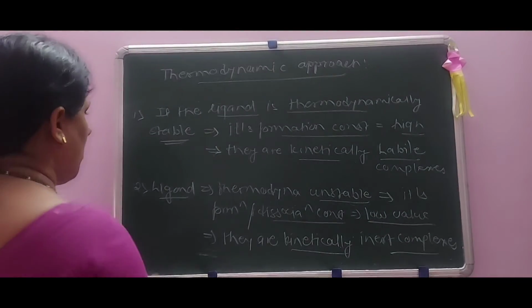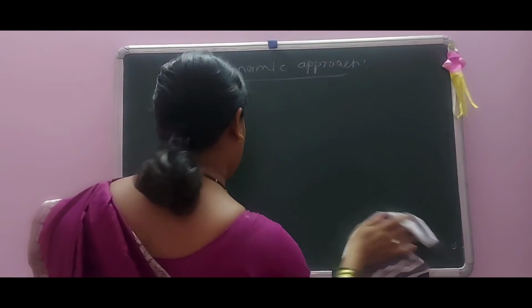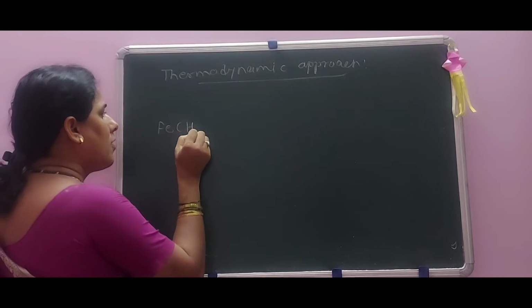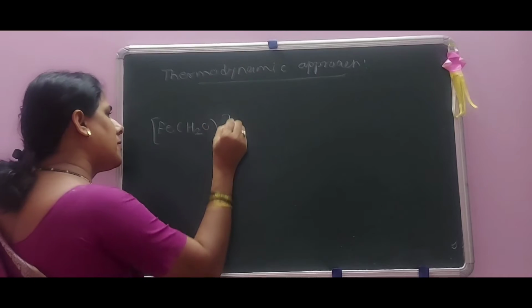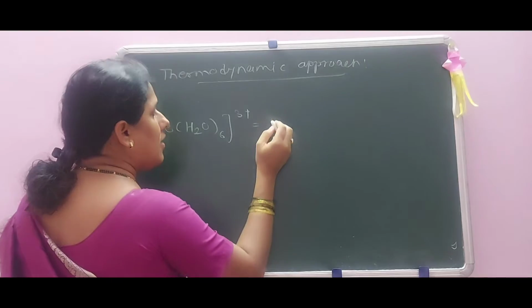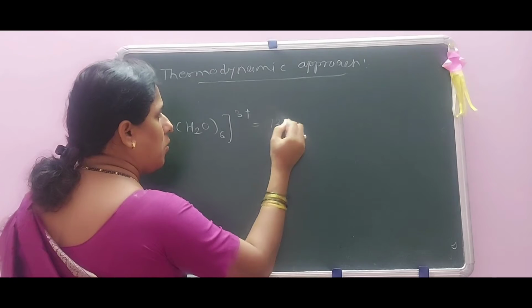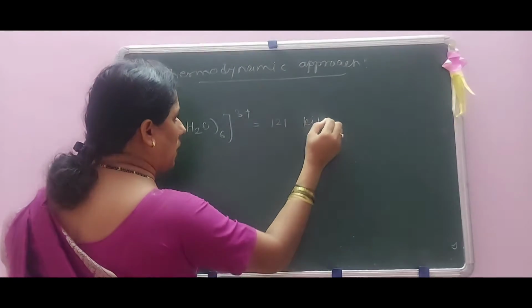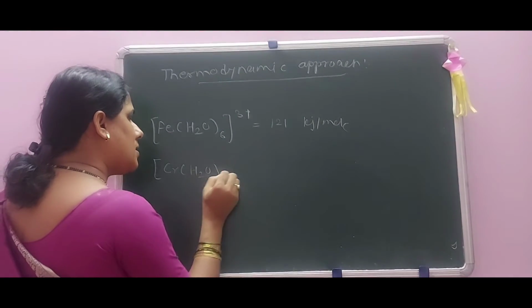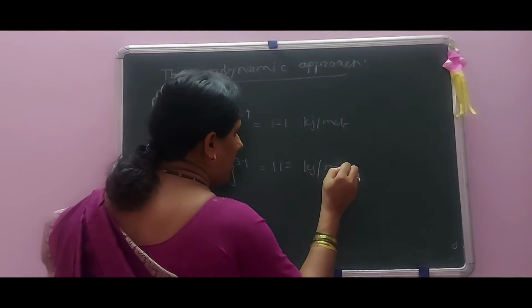Now, consider one example: Fe(H2O)6 3+ having the formation constant of 121 kilojoule per mole, and Cr(H2O)6 3+ is of 112 kilojoule per mole.